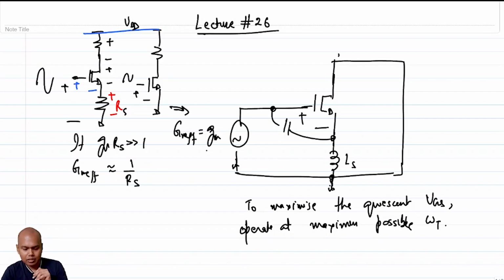So you can see that biasing at this omega t has so many benefits, right? What are the benefits now? If you go back to the earlier lectures, biasing at omega t gives us very high GM. In this particular configuration, it gives us high gain, low noise, better noise figure essentially, and now we see that it also gives us better distortion performance, right?